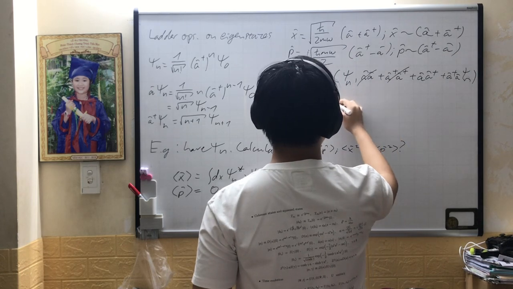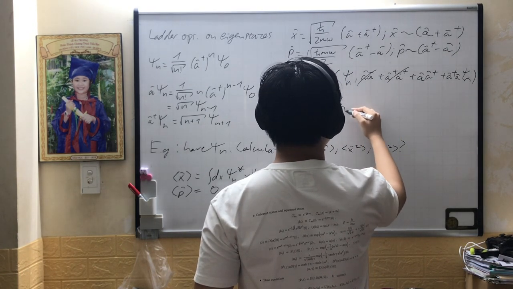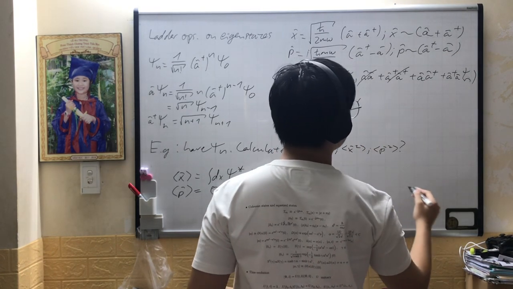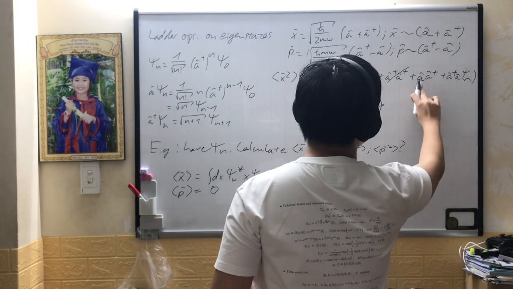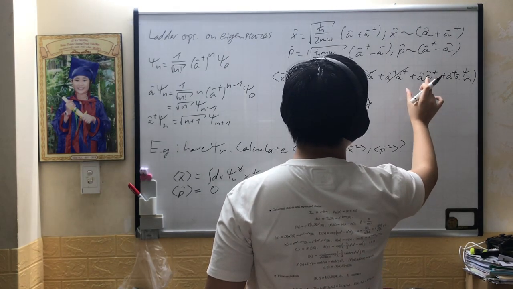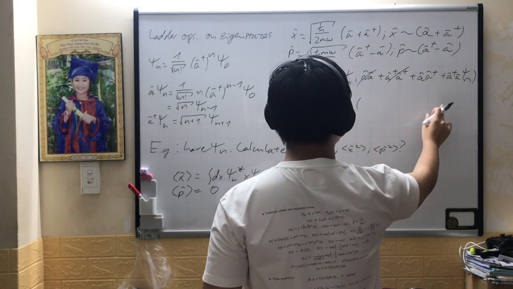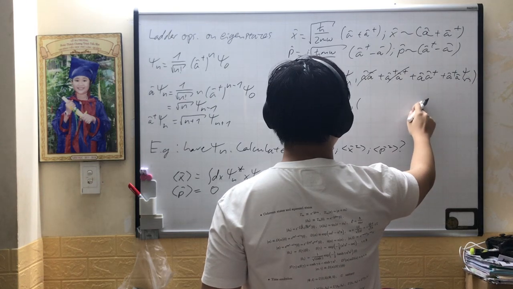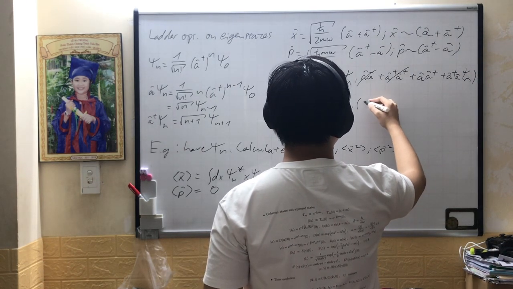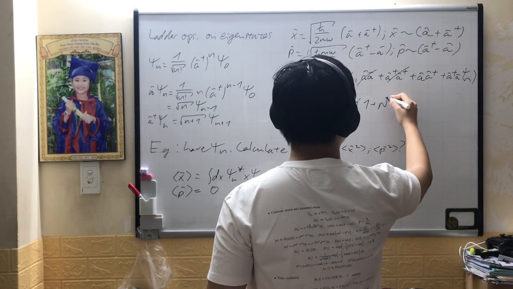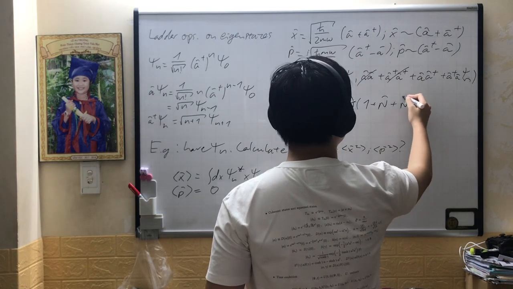And you see that term is, okay, you split that, that will give you 1 plus n, 1 plus the number operator, and the other one is the number operator.